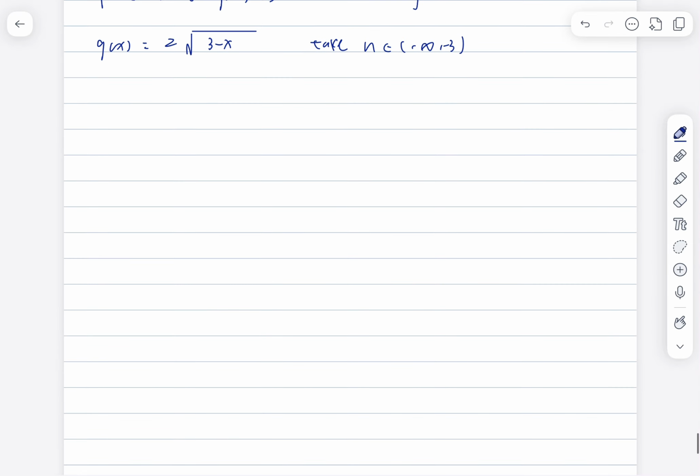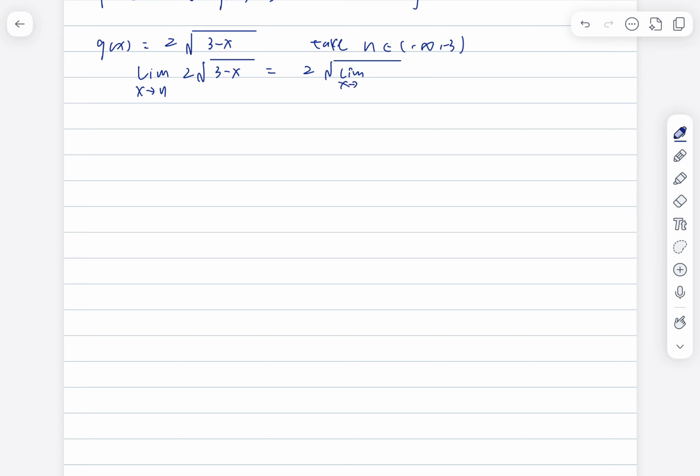The limit as x approaches n of 2 to the 3 minus x is equal to 2 to the limit as x goes to n of 3 minus x. So we get 2 to the 3 minus n, which is equal to g(n), so we know that it is continuous on negative infinity to 3.